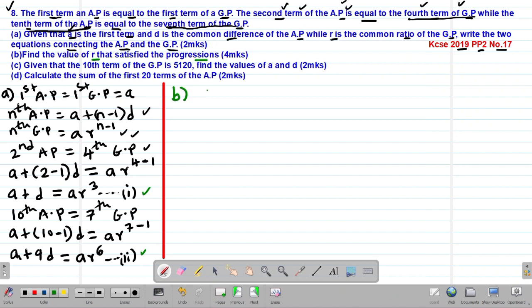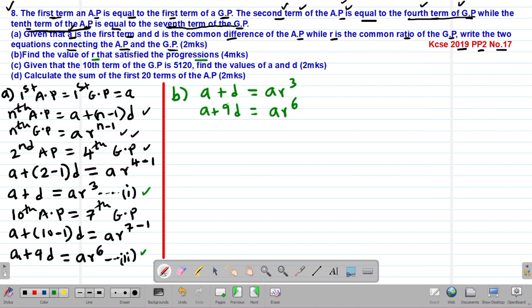So the first equation was A plus D, which was equivalent to AR to the power of 3. Then our second equation is A plus 9D. This one was equivalent to AR to the power of 6. So these are simultaneous equations which can be solved by the elimination method.